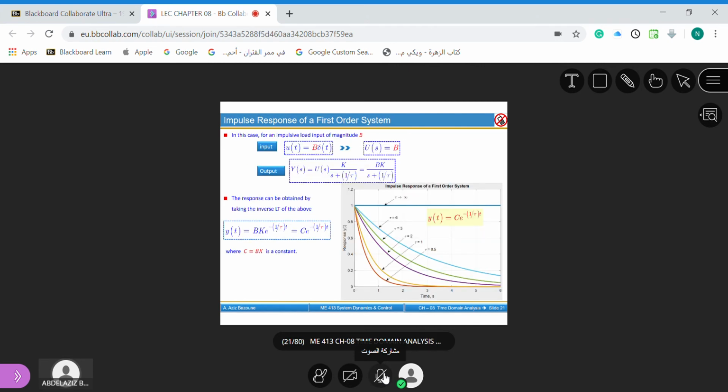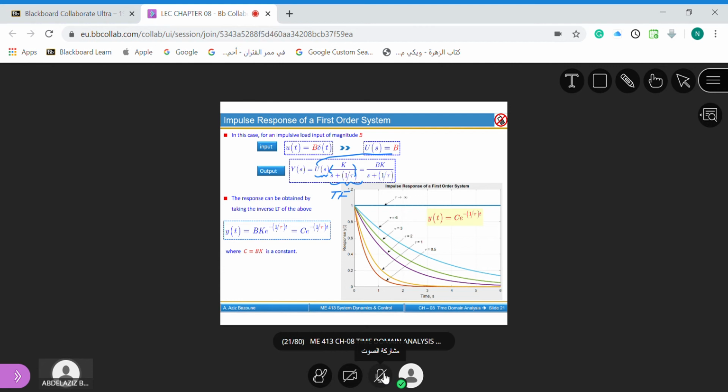So our equation will be U of S times the transfer function. Substituting U of S by B, it will be BK over S plus 1 over tau.